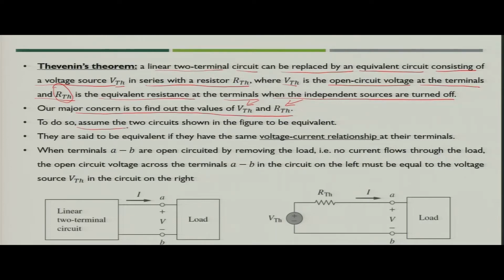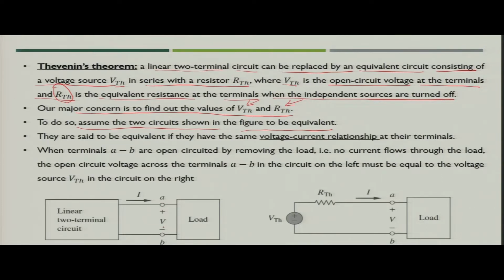Now, assume that the two circuits shown below are equivalent. There is an unknown linear network where we do not know what is inside, and outside that linear two terminal circuit we have connected a load across terminals A B.